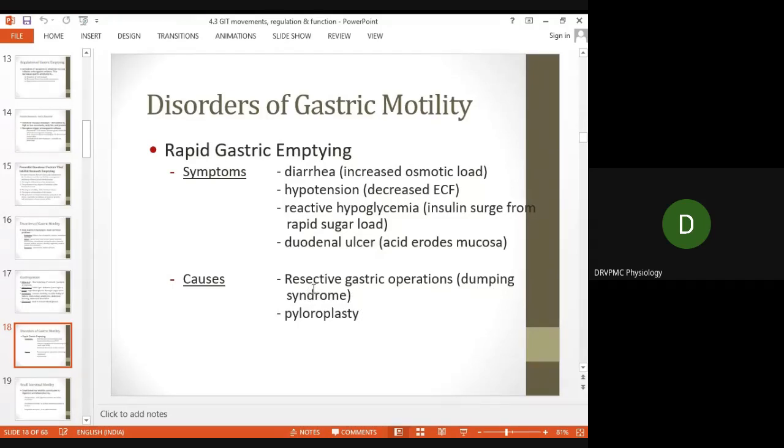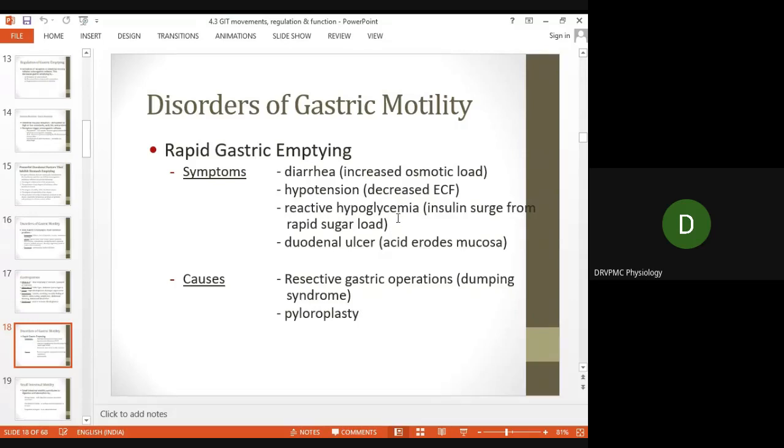Whatever is in the stomach gets immediately dumped into the duodenum because of resective gastric operations and pyloroplasty. Symptoms: these patients may suffer from diarrhea, increased osmotic load, hypotension because of decrease in the ECF, extracellular fluid, and reactive hypoglycemia, an insulin surge from the rapid sugar load.